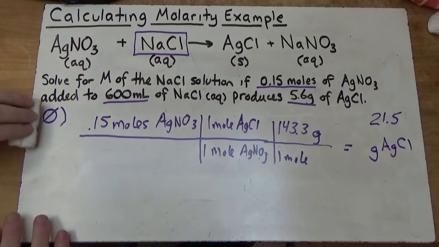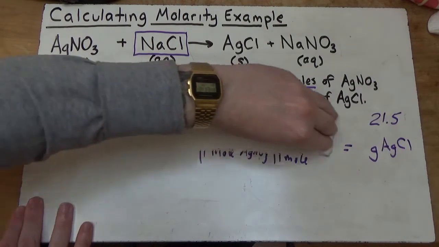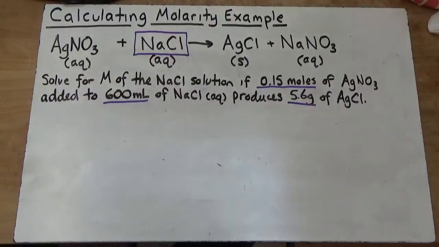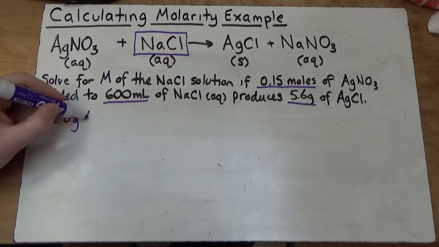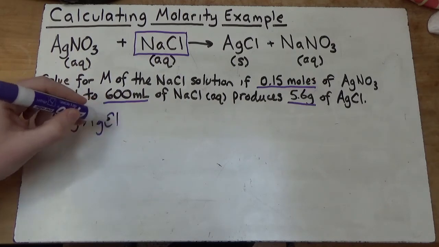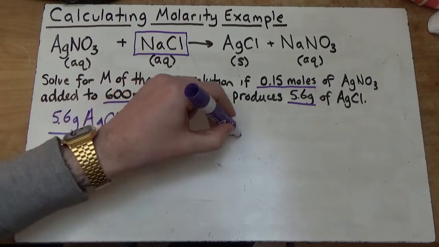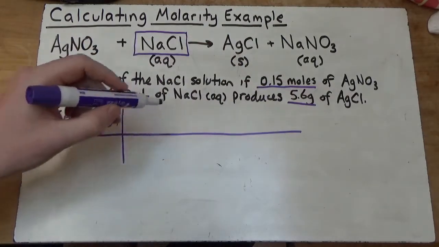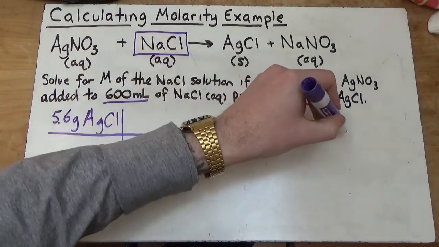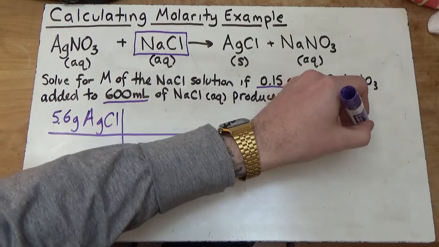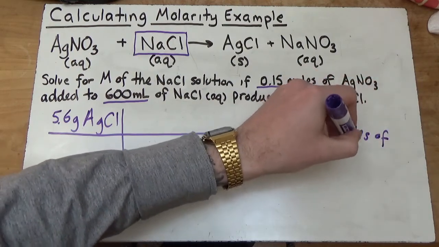This is going to be our true step one. We have 5.6 grams of AgCl, and we want to know the moles of NaCl.